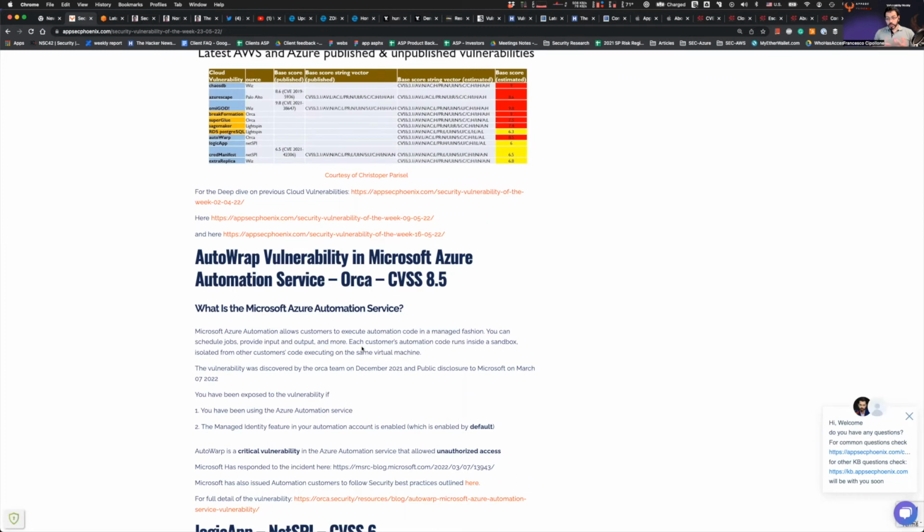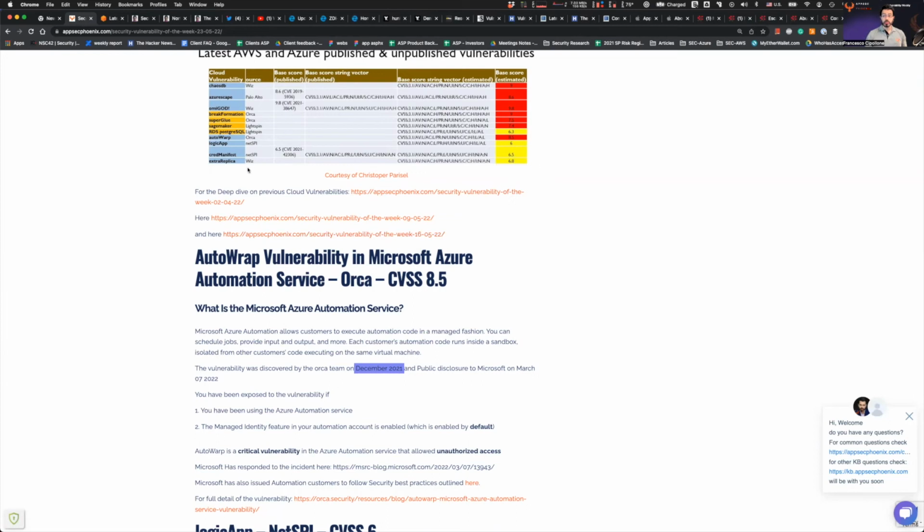AutoWarp was a critical vulnerability discovered by the Orca team around December 2021. The second half of 2021 was particularly interesting for cloud vulnerabilities. There has been a lot of research.